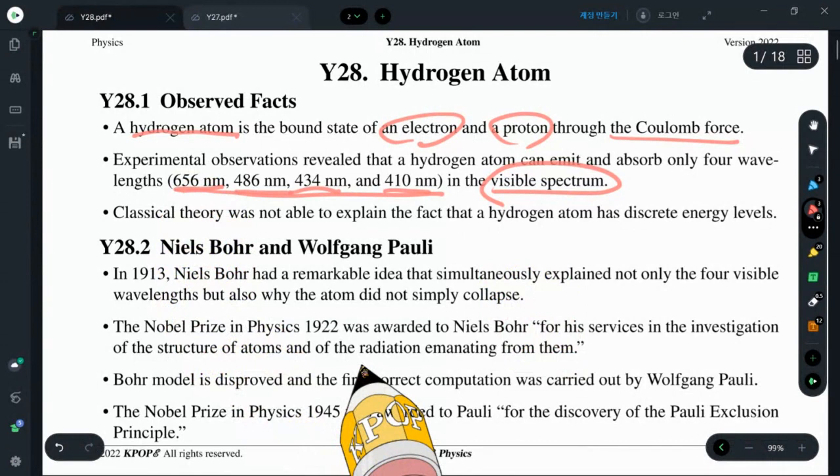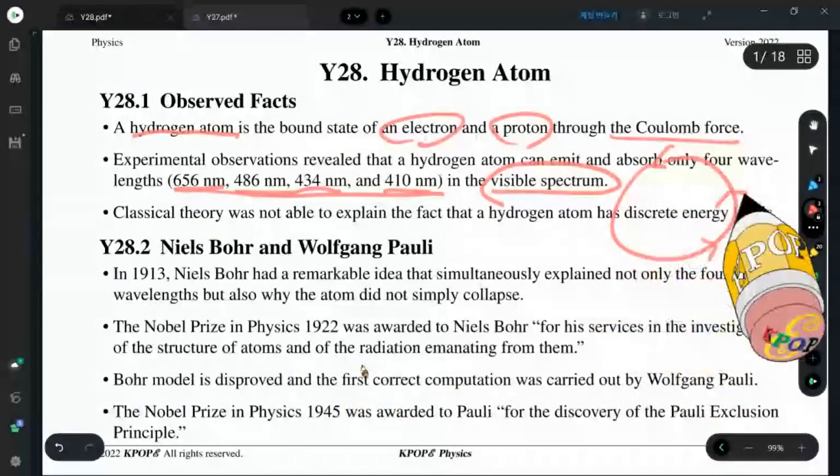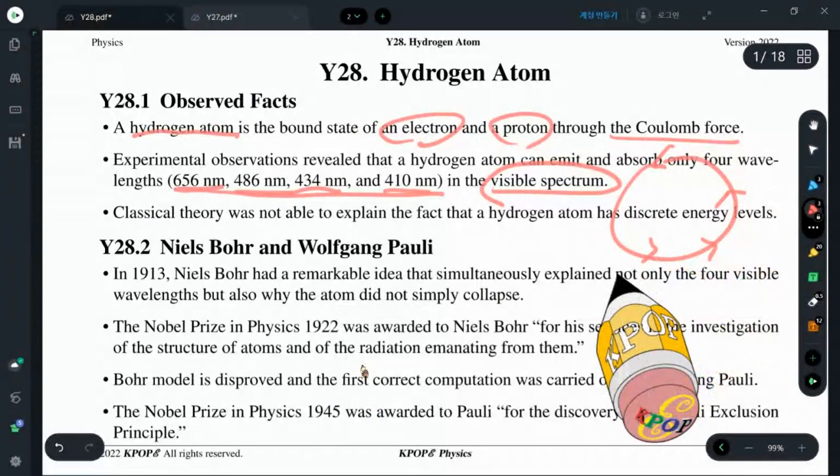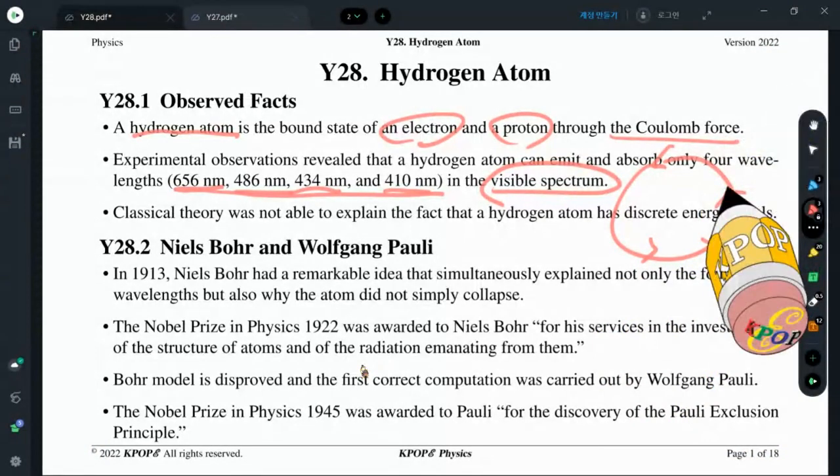By the time classical mechanics and Maxwell's theory were completed, however, there was a problem. If we apply Maxwell's theory, electrons are accelerating. An accelerating electron must radiate electromagnetic energy. If it radiates electromagnetic energy, it must slow down.